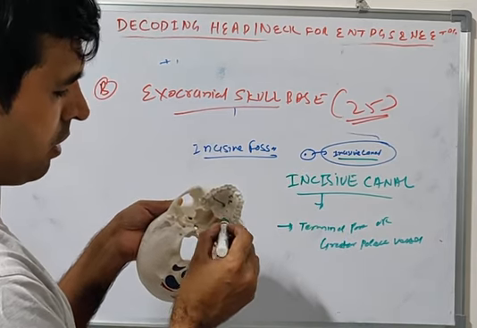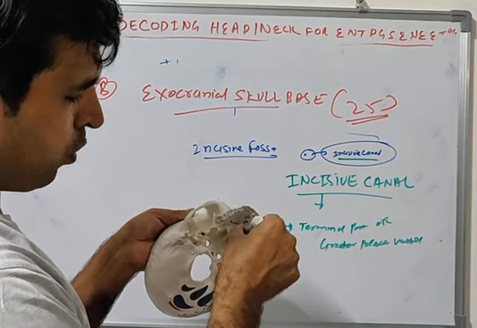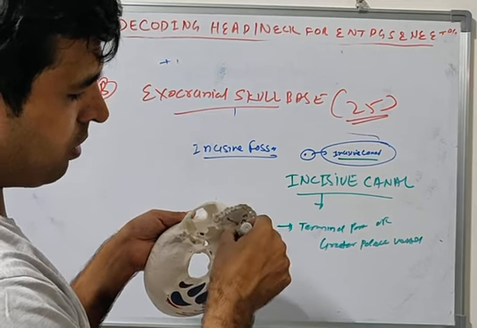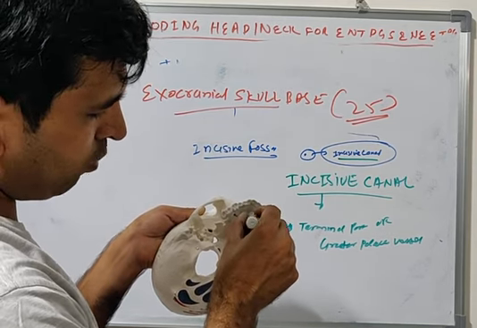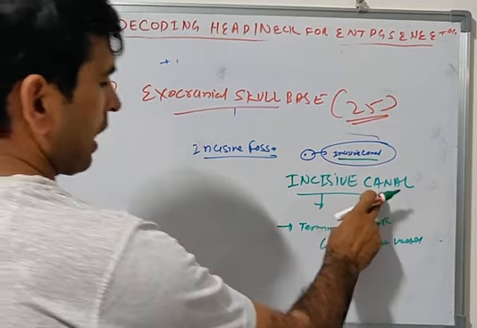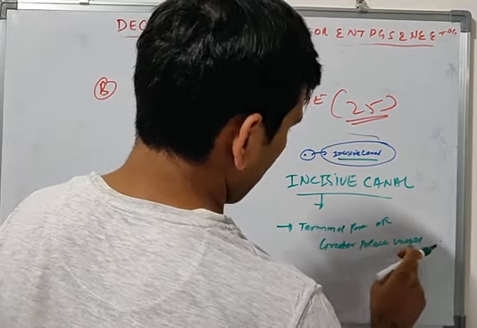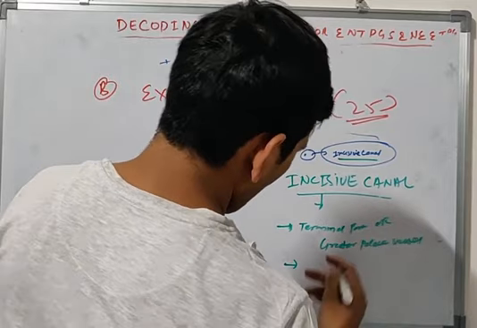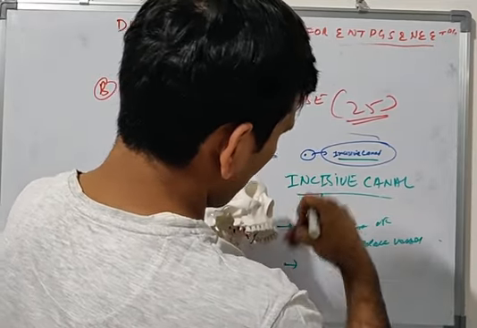This is the terminal part. Here is the greater palatine fossa, the greater palatine foramen. This is the greater palatine groove. The vessels going through this incisive canal are the terminal part of the greater palatine vessels, and a structure comes from the nose to the palate.